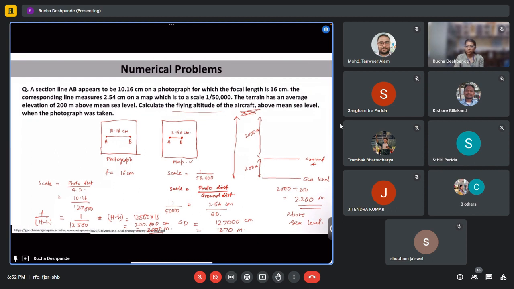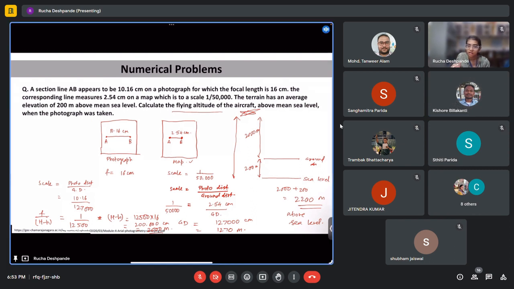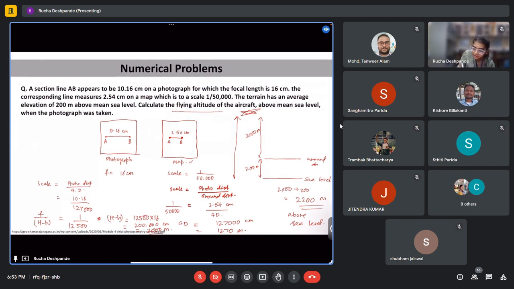This is clear, I hope. A quick clarification. See, when they're asking to find the flying altitude, it's on the ground level, I mean, like ground reality. Yeah, here in the question it's given calculate the flying altitude of the aircraft above mean sea level.